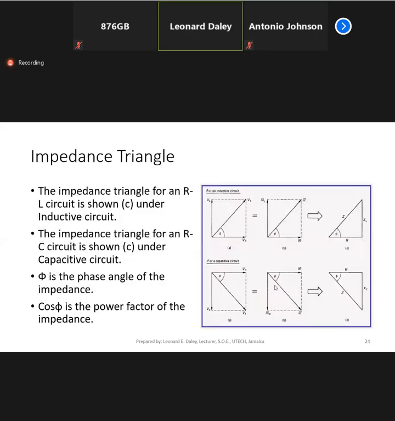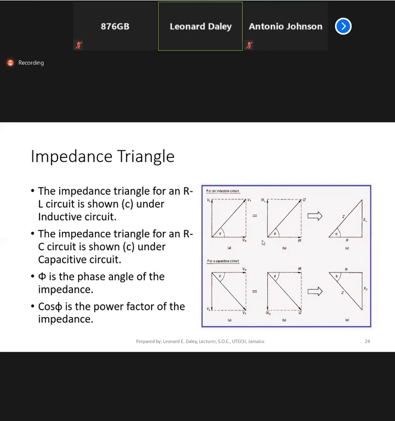That leads us to the impedance triangle. Here we have our impedance triangle for the RL circuit. You can also develop the voltage relationship across the resistance and across the inductor.